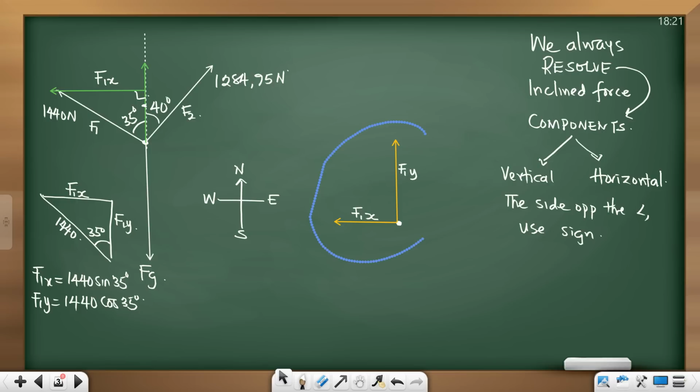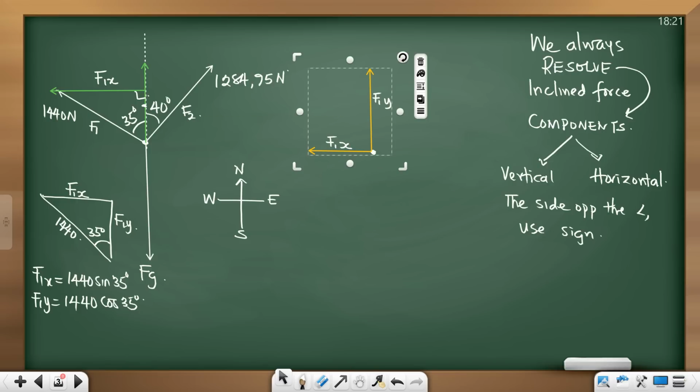Okay. If you guys are okay with that, you will be doing the next one for me. You will be doing the F2. Don't worry about finding answers to this one. Just leave them for now. Can you find F2? Okay, where is F2 pointing? Northeast.